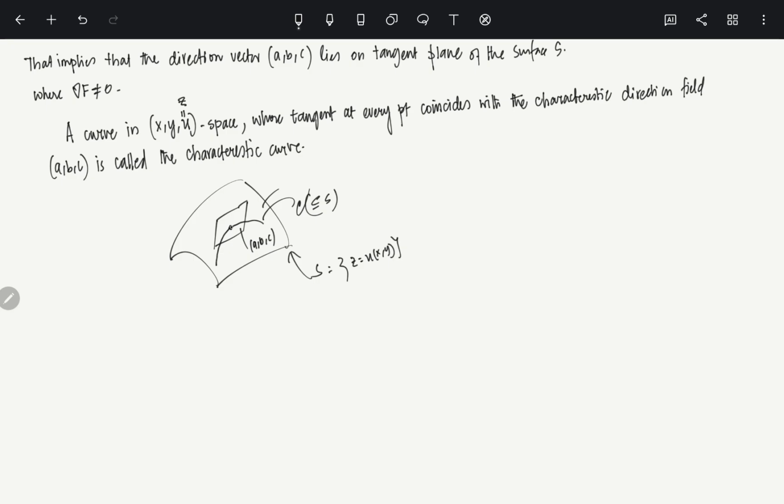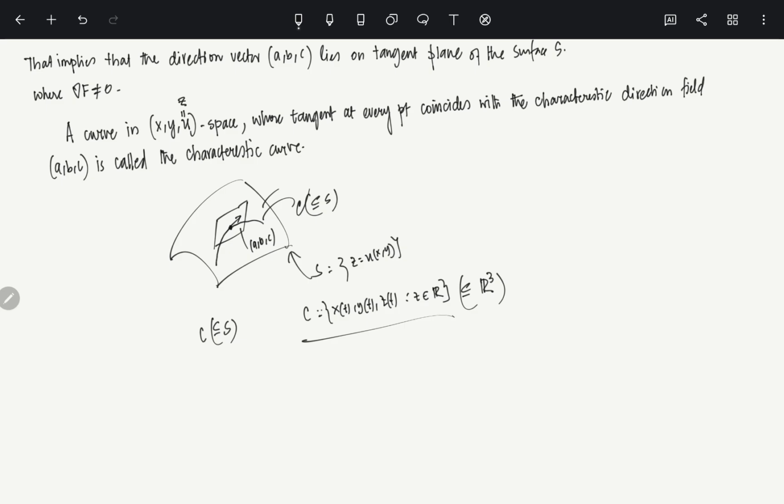If you look at the point x, y, and u, the tangent vector, if C lies on S, will be written like this: x of t, y of t, and z of t, and t is in R. That's how we parameterize a curve in R3, because the surface is in R3.